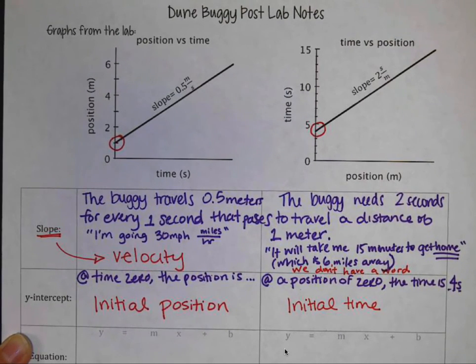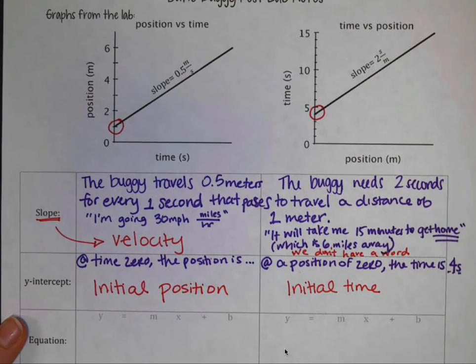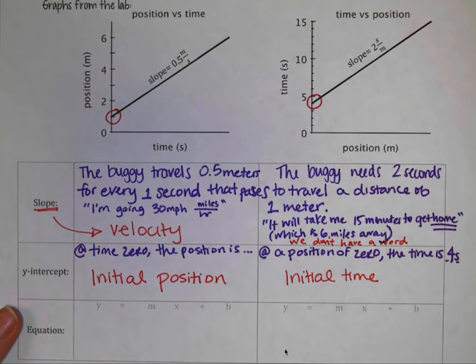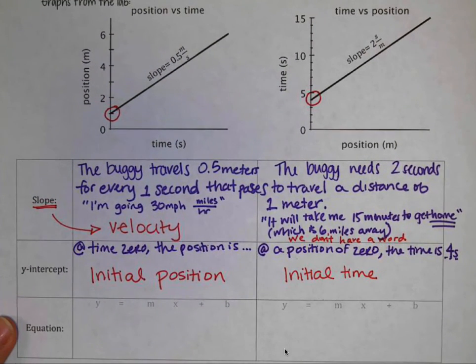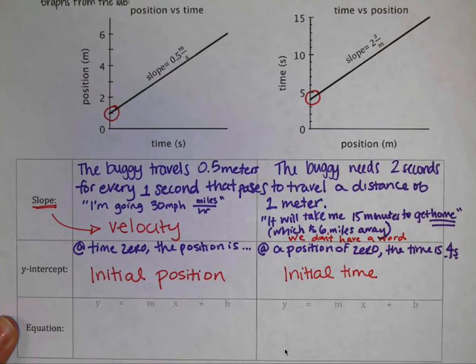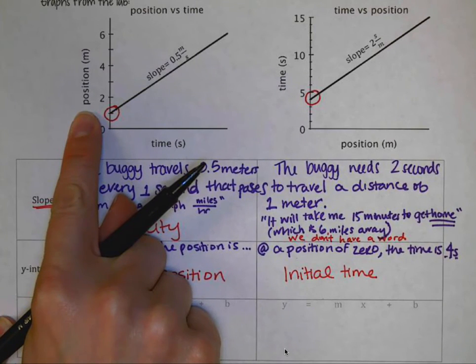All right, and as we can do with any linear relationship or linear graph, we could write an equation to describe what we're looking at. So for this one, instead of y, which is where y equals mx plus b format, my y is not really y, it's actually specifically position.